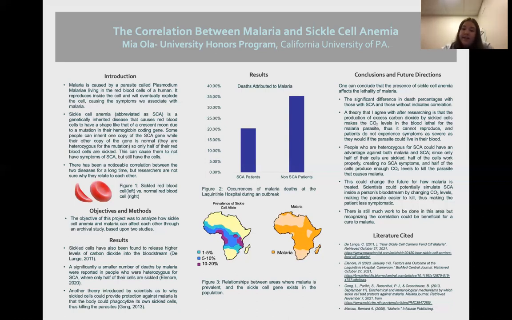Another reason is that your body has its own defense mechanism against sickled cells. It's a theory that your body does what's called phagocytosis, which means it engulfs its own cell in another cell. So your body basically eats its own red blood cell that's sickled.